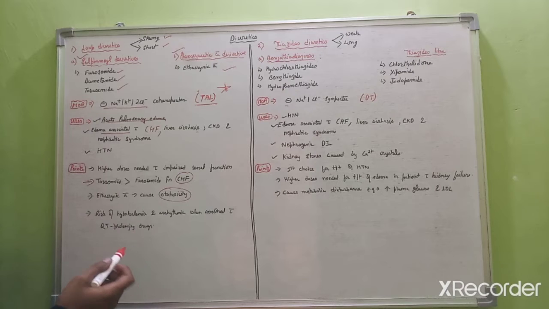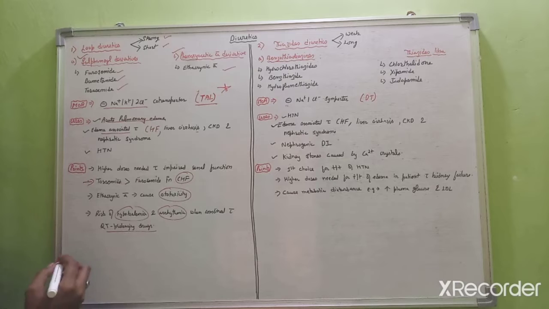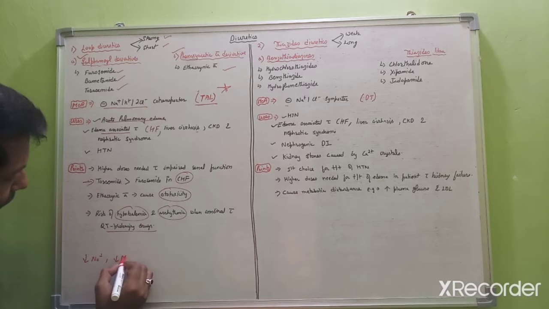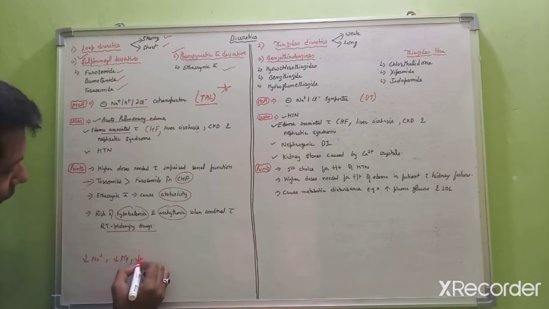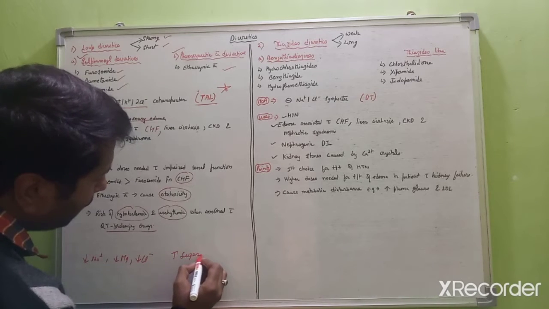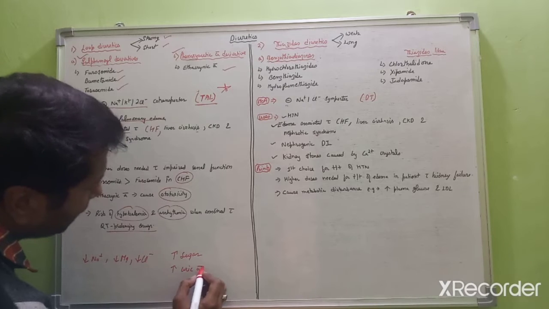There is a risk of hypokalemia as well as arrhythmia when it is combined with QT prolonging drugs. Some more points: it will decrease the amount of sodium, magnesium, and chloride, and it will increase the amount of sugar and uric acid in the body.